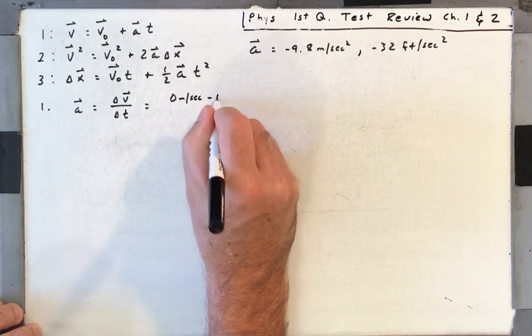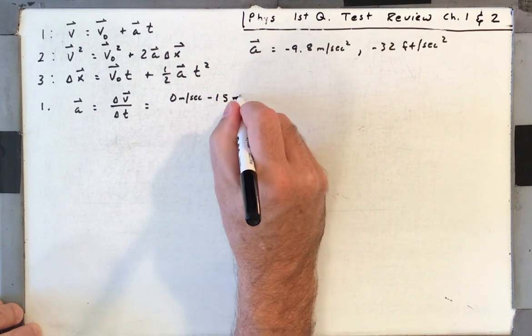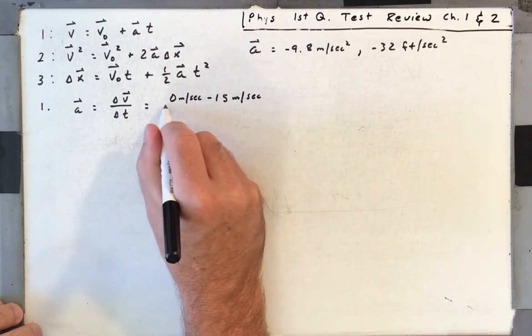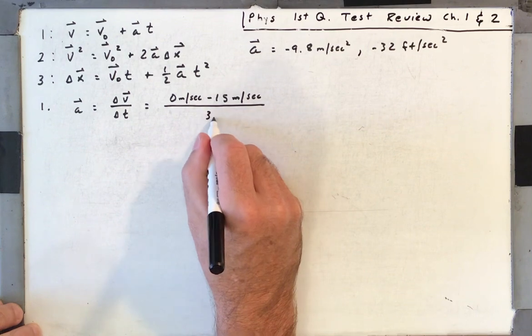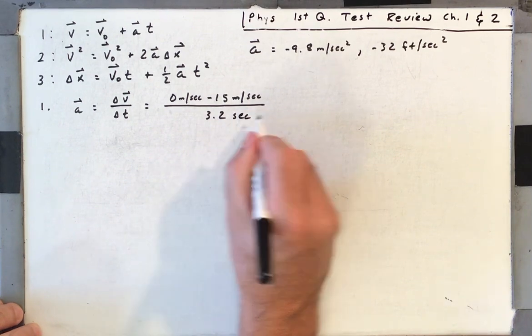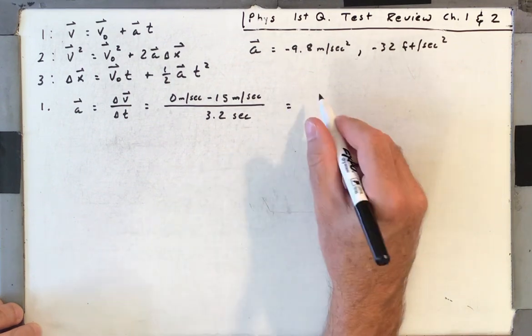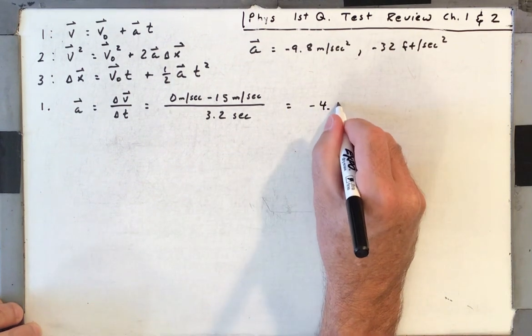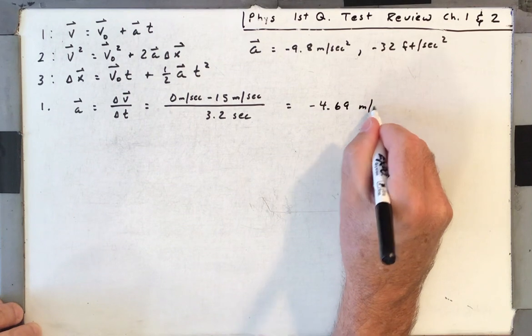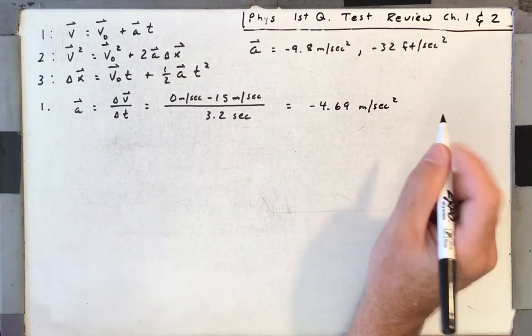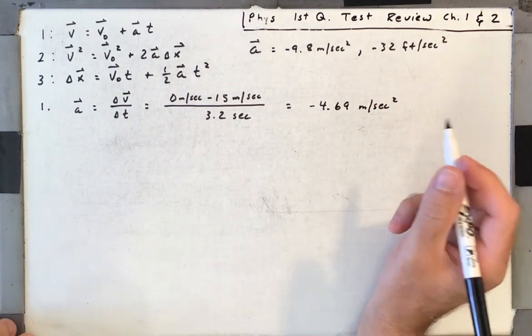The initial velocity is 15. And the time is 3.2 seconds. So our acceleration is going to be negative 4.69 meters per second squared. So now we've got acceleration.